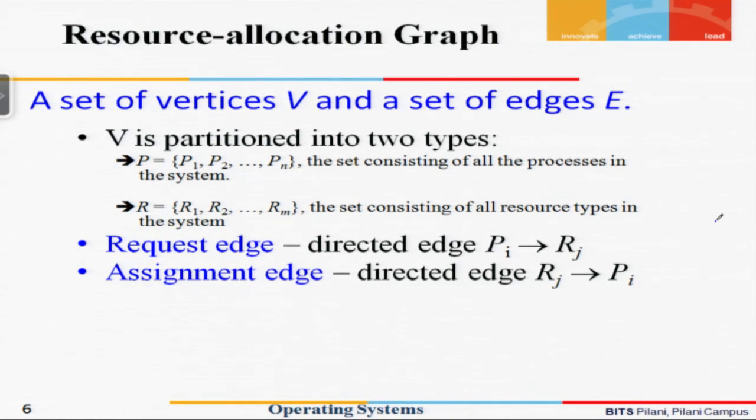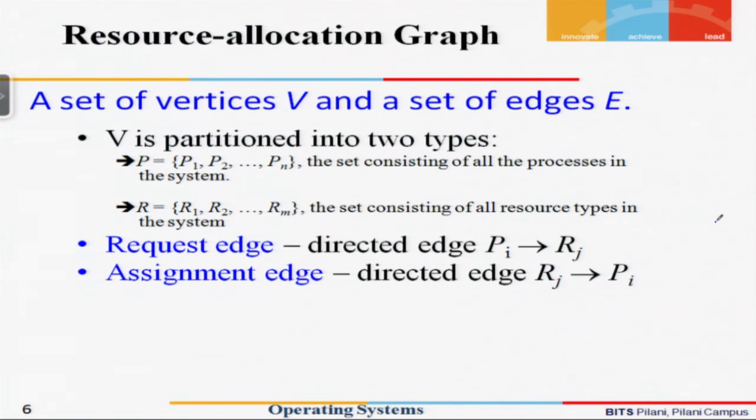A resource allocation graph consists of a set of vertices V and a set of edges E, and these vertices are partitioned, or classified, into 2 different types.